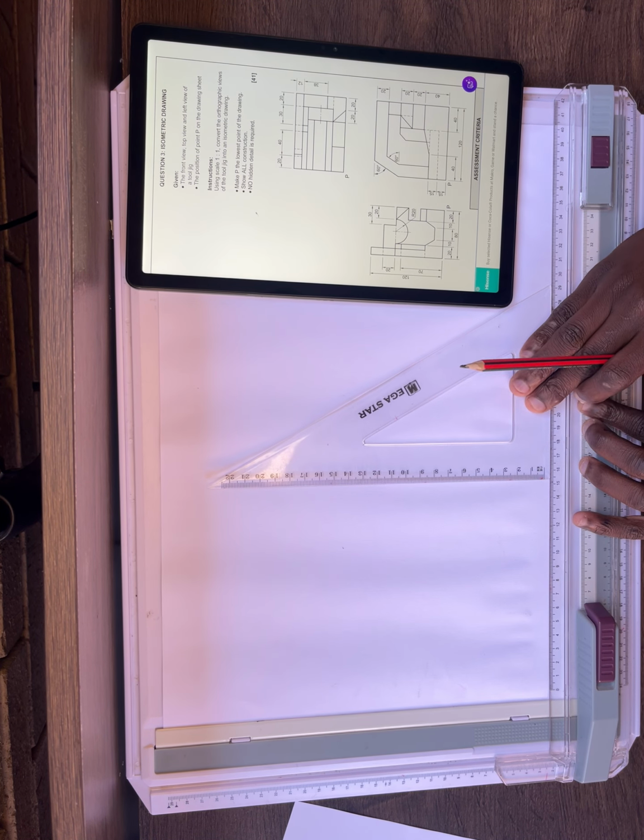Then how do you start the drawing? That is what most of us are failing to do. The first thing that you must check is that you start with the surfaces that are attached to the starting point. Let us look at this.